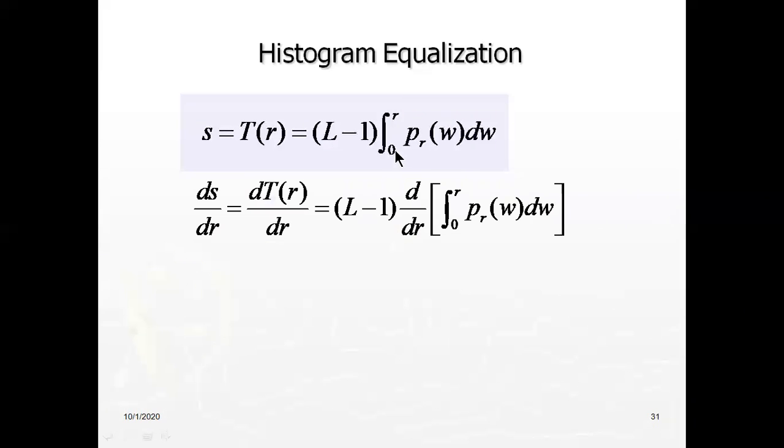If you differentiate this, you will get L minus 1 times d by dr of the integral of p_r(w) dw. Differentiation and integration will cancel, and effectively we'll get L minus 1 times p_r(r), because the limits here are 0 and r. So we get p_r(r) over here, and this w will become r.